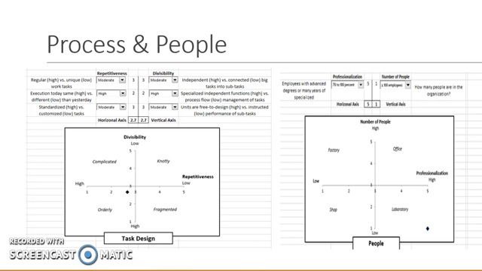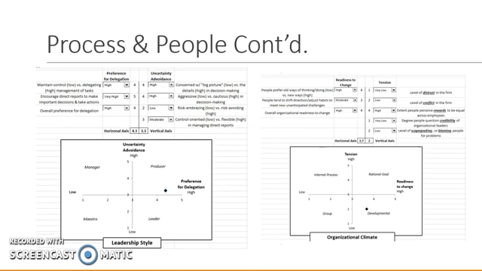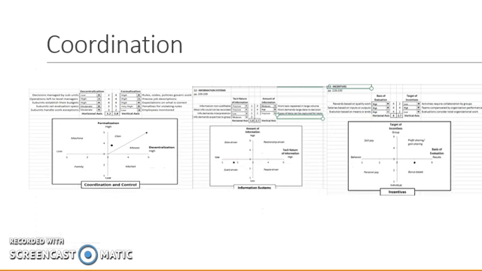We're all rather educated. We just have 100 or less employees, and that's why we ended up in the laboratory section. And this is just some more information on leadership style and organizational climate, pretty much information that you all already have in front of you.